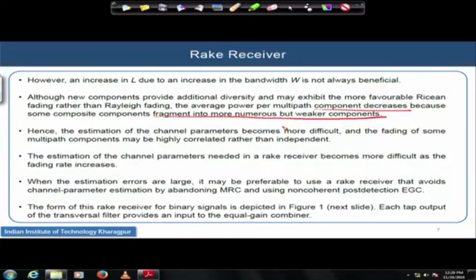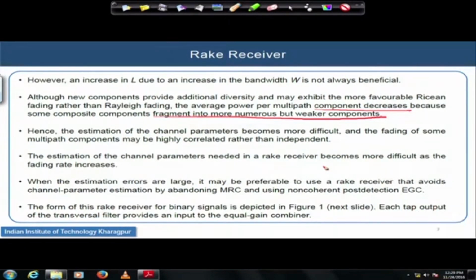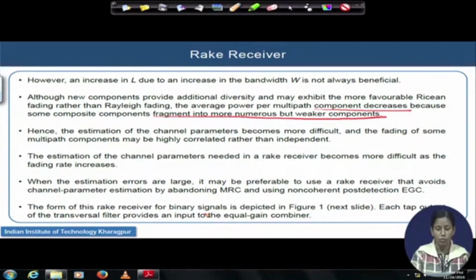The estimation of the channel parameters needed in a Rake receiver becomes more difficult as the fading rate increases, when the estimation error is very large. So, if you are facing an environment where fragmentation is occurring because of weaker components, and your channel estimation is degrading such that the errors are very large, then the use of a Rake receiver that requires channel parameter estimation should be avoided.